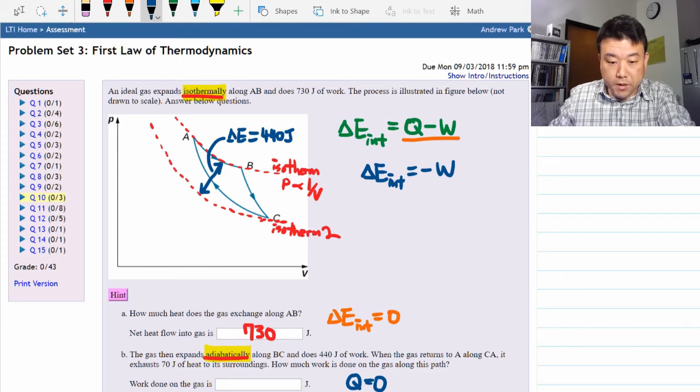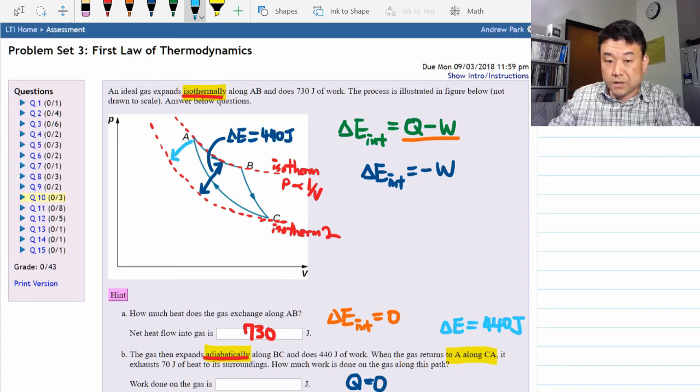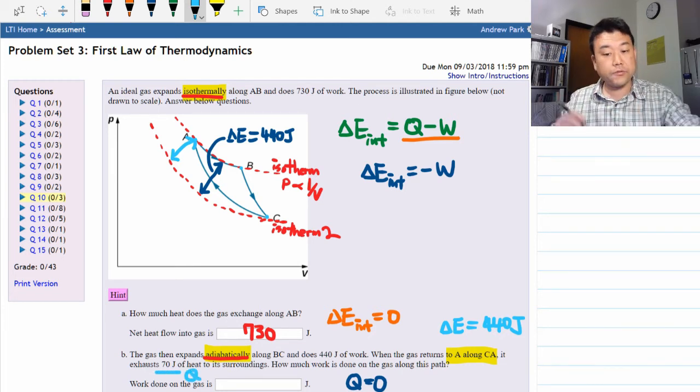That's useful information to have, because as the gas returns to A, we know the change of internal energy. The change of internal energy for this case is equal to 440 joules. It's the distance between the isotherms. It doesn't matter exactly from which point on one isotherm to which point you are going; the change in the energy is the same. And the question gives you the Q. So all we now have to do is solve for W in the first law.